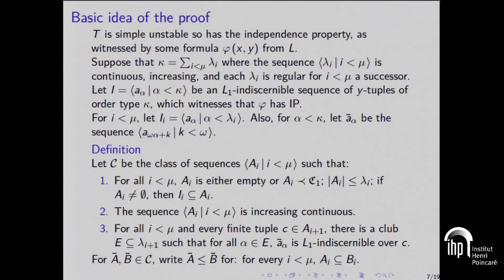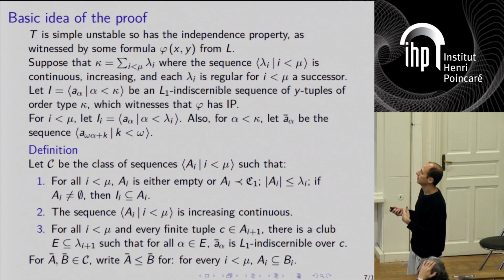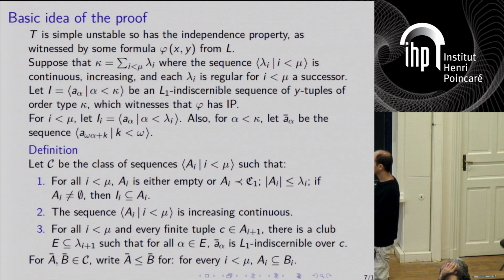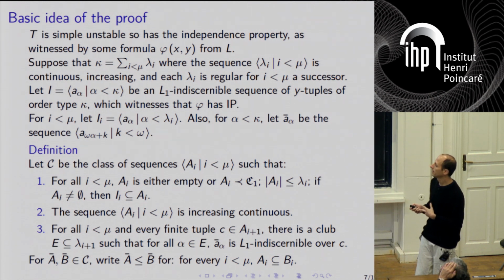And another thing is that the whole sequence is increasing continuous. And for all i, and every finite tuple from A_{i+1}, there is a club contained in lambda_{i+1} such that for all alpha in this club, the omega tuple a-bar_alpha, remember that was this one, is L1-indiscernible over C.